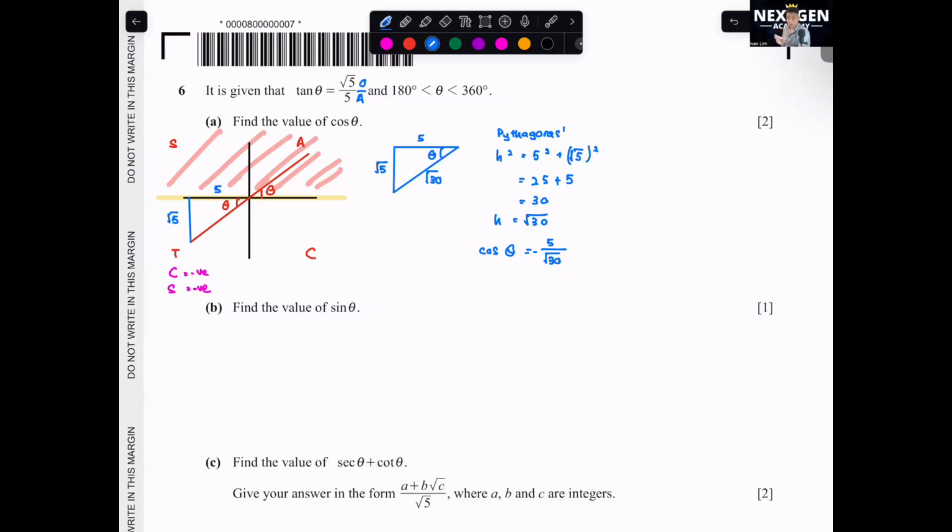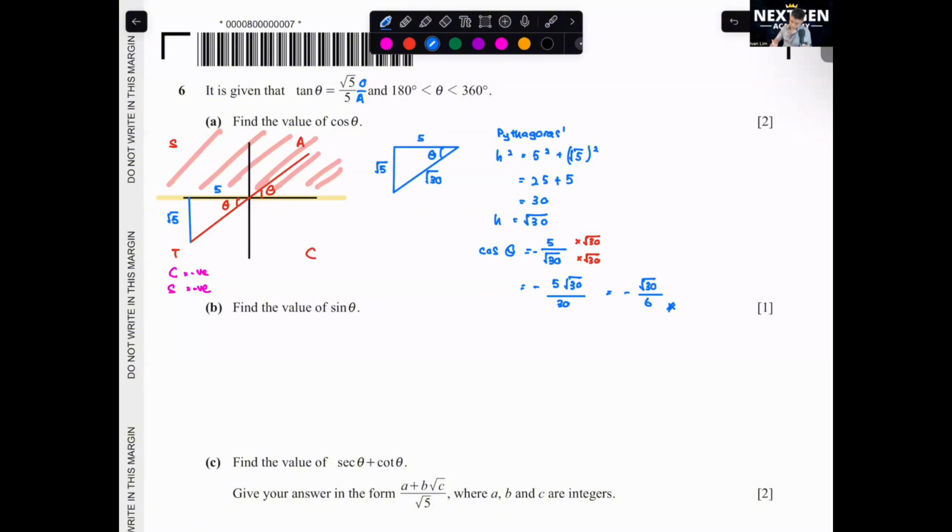We need to rationalize the denominator if possible. So like this question, I'm going to rationalize it. Root 30 times root 30, negative 5 root 30 over 30, which will be equals to negative root 30 over 6. To be safe, you all just rationalize whenever the denominator has a root.